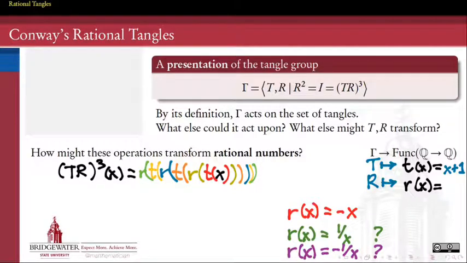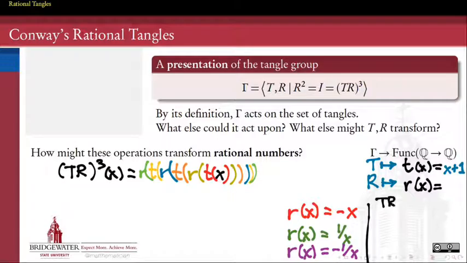So when I think about the question about what is TR, TR of x is apply T first and then apply R. So maybe I'll just make some room over here. I'm going to have you work on these composition formulas in a second.